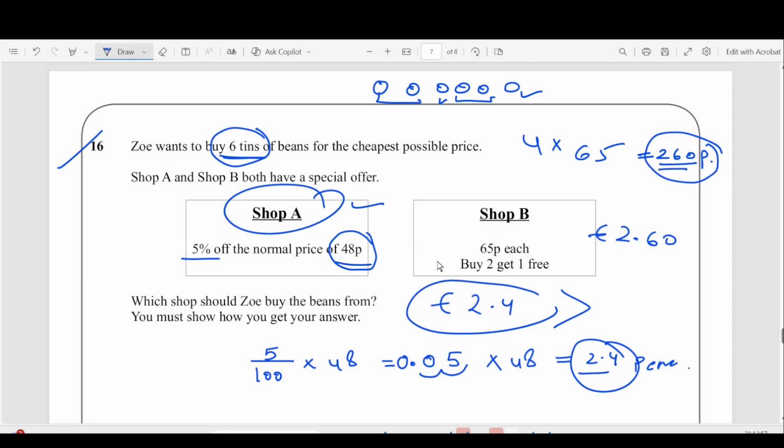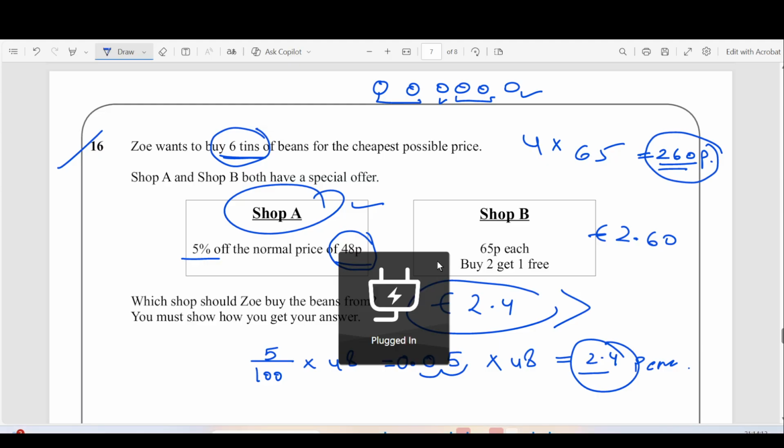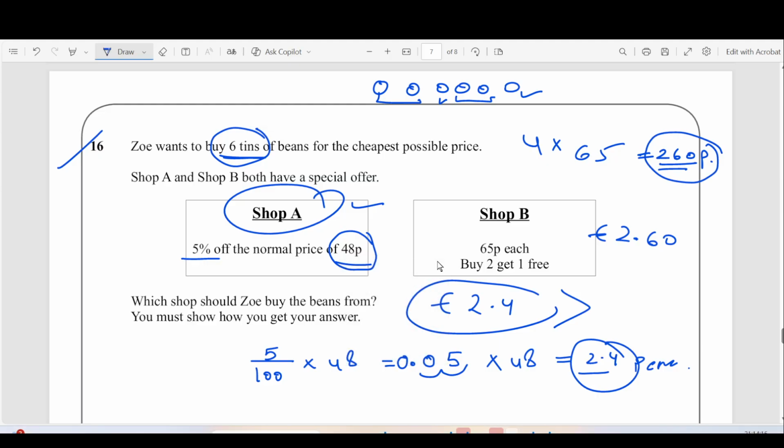One minute, let me just plug in my charger, its battery. Check your calculation, because if you multiply 0.05 with 48, what you get is 2.4, isn't it? Are you getting 2.4? Check your answer again.